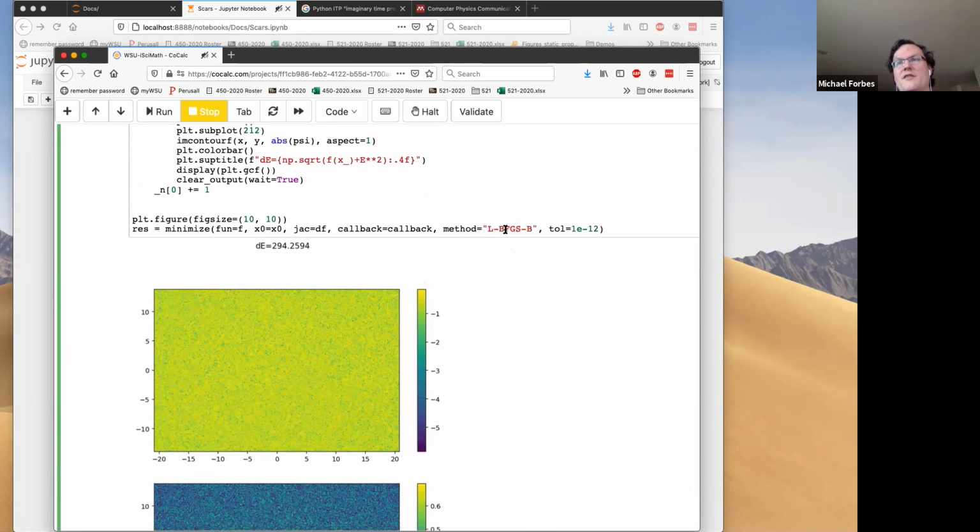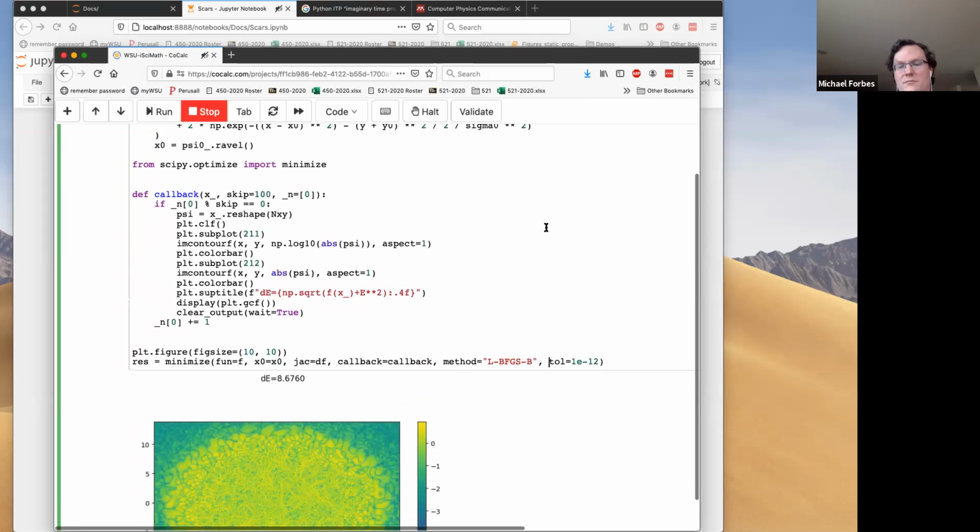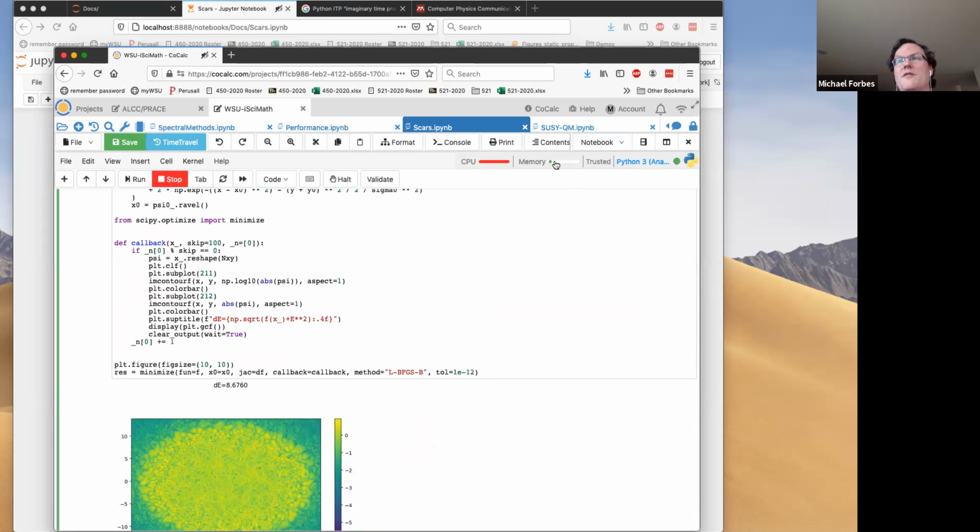It's a nice minimizer using gradient directions, using Broyden's method to build up the Hessian, the second derivative matrix, but using a rank reduced version of that so that it does not take up too much memory. You can specify how many states you can use, and there are some parameters here that you might want to increase. Of course, you should look at your memory usage here and make sure you don't get too big.